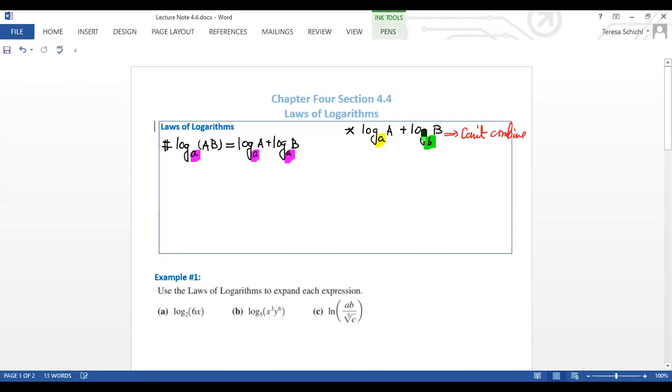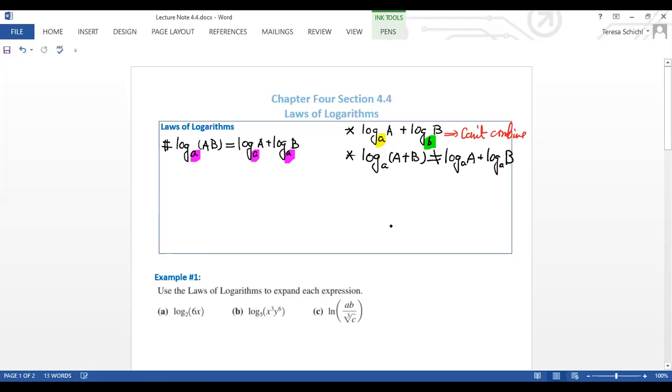You cannot say it becomes log of A times B with base ab. So you cannot combine. And another one: if you have log of A plus B inside the log, this is not equal to log A plus log B.